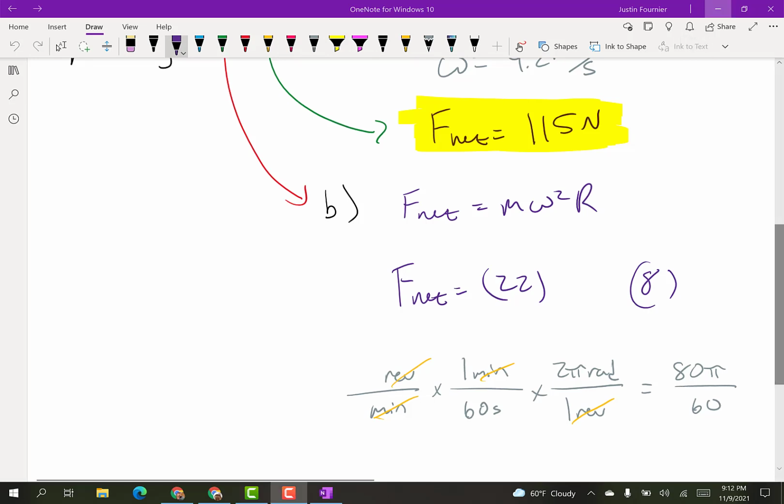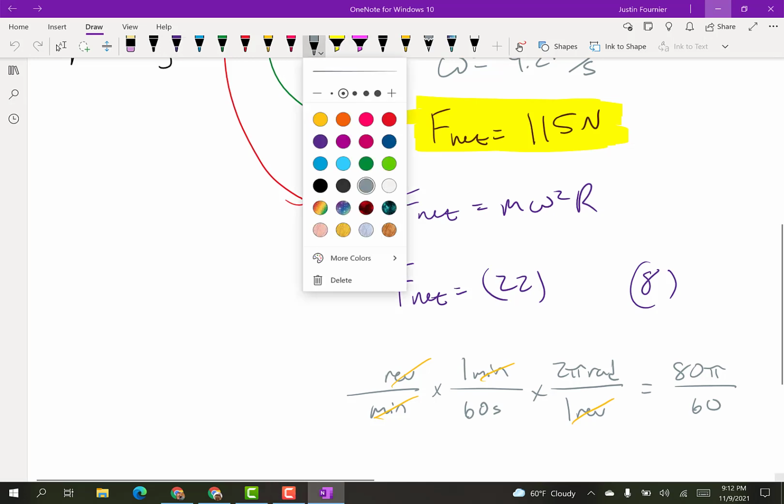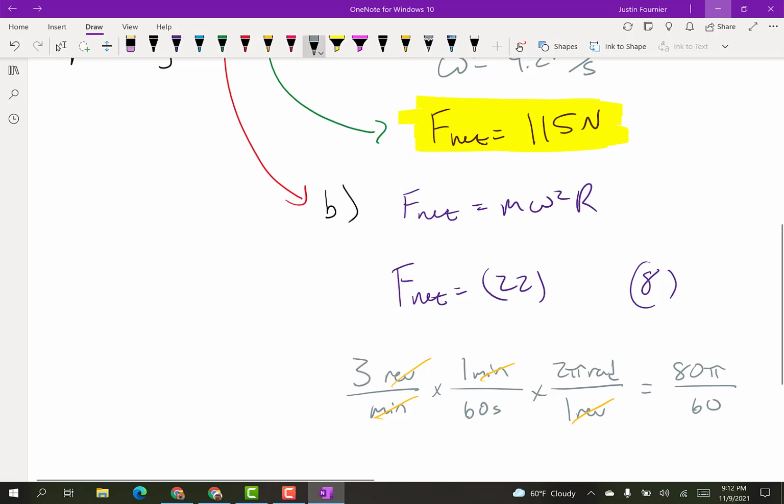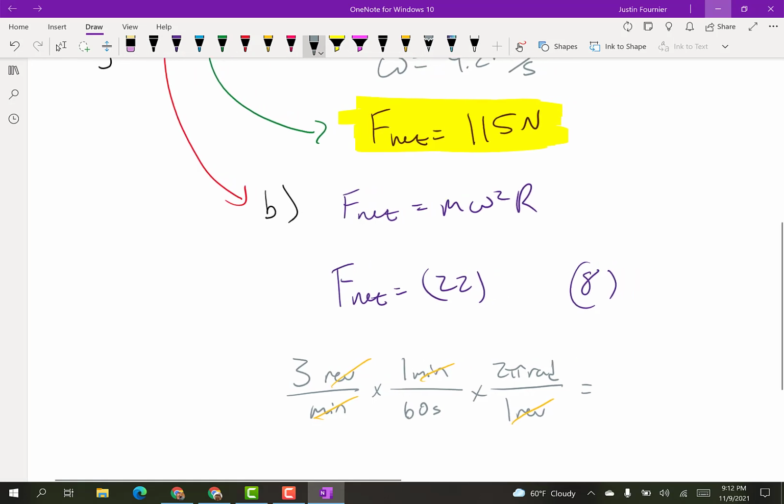So everything's the same, except now I have 3 times 2 pi, which is 6 pi over 60. So plugging that into my calculator.